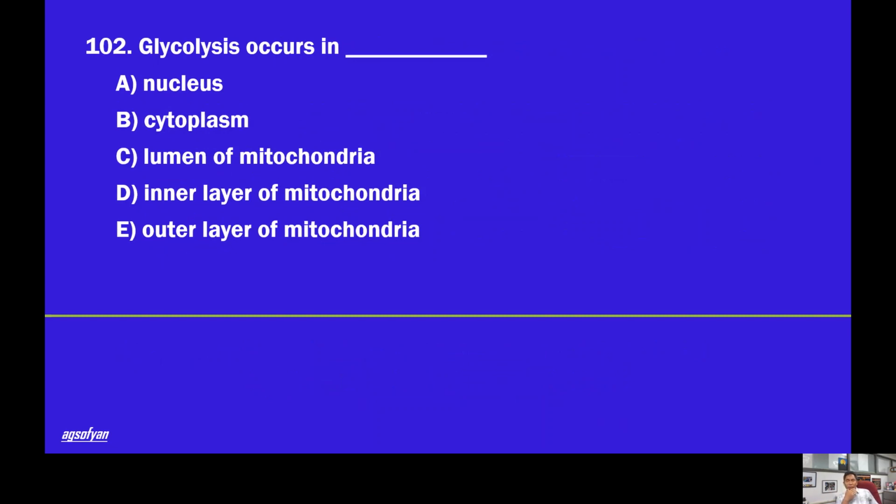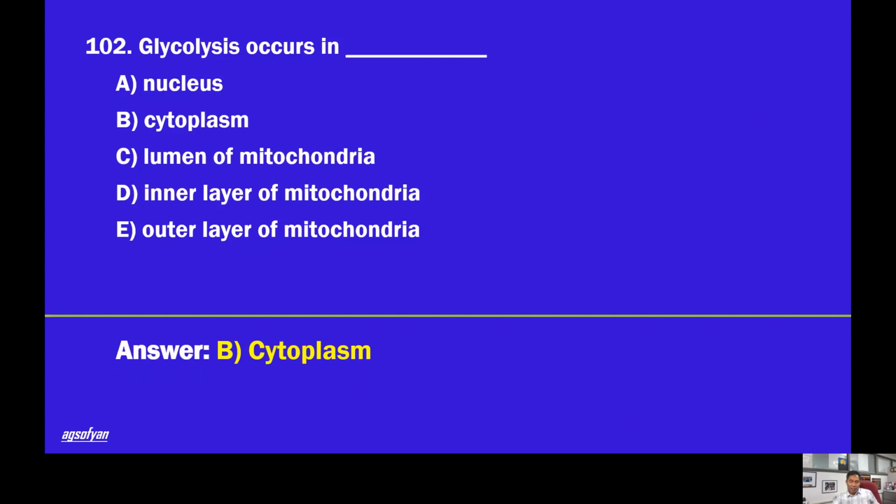102. Glycolysis occurs in nucleus, cytoplasm, lumen of mitochondria, inner layer of mitochondria, outer layer of mitochondria. Your answer is cytoplasm.